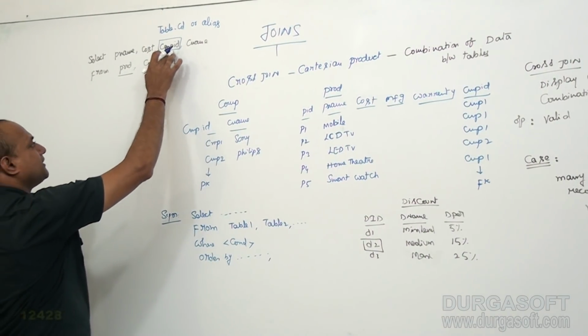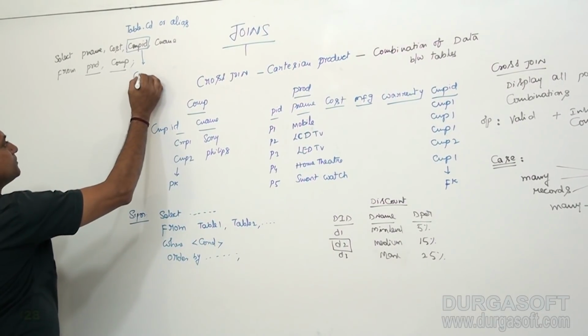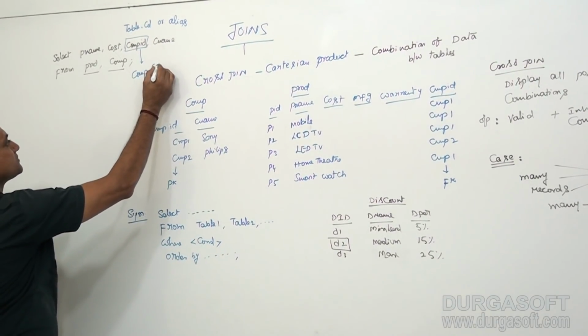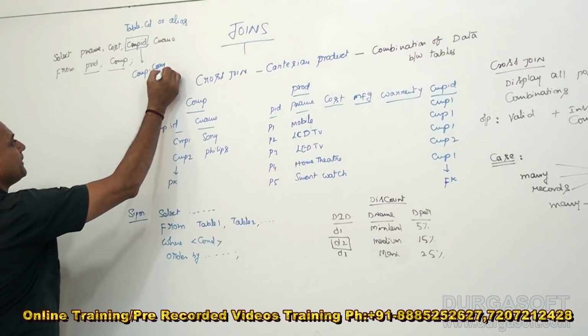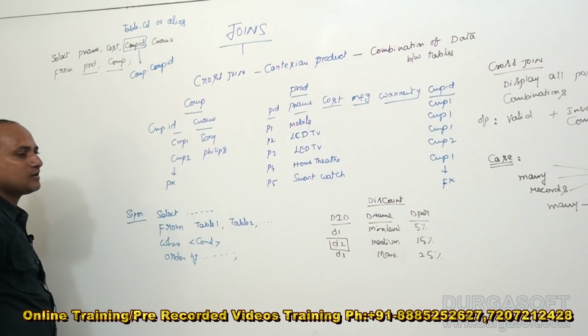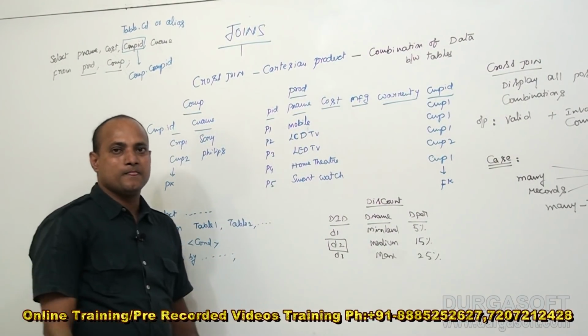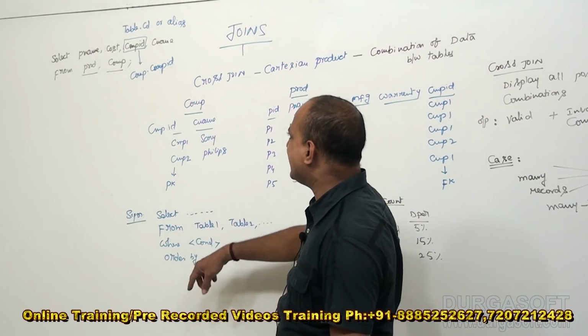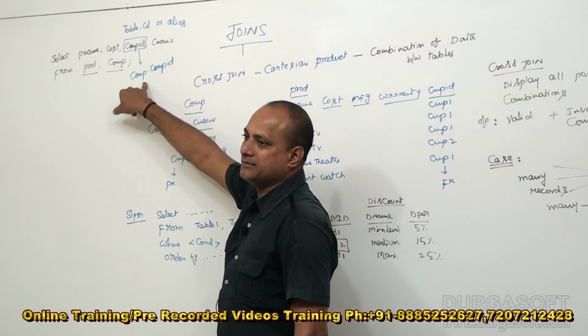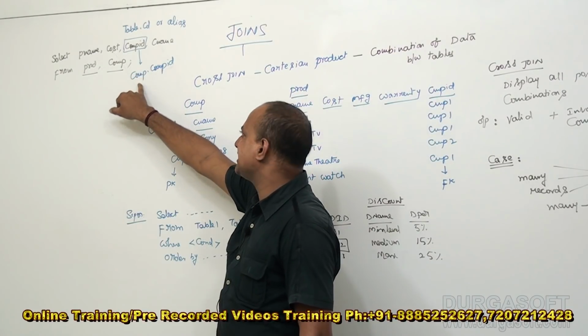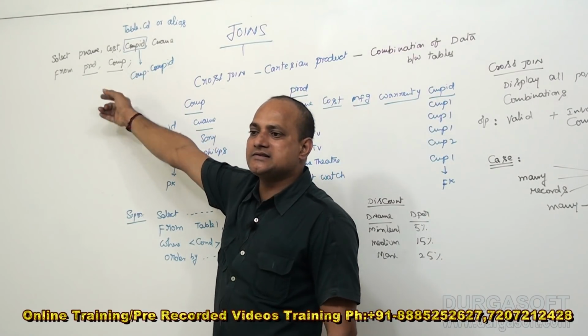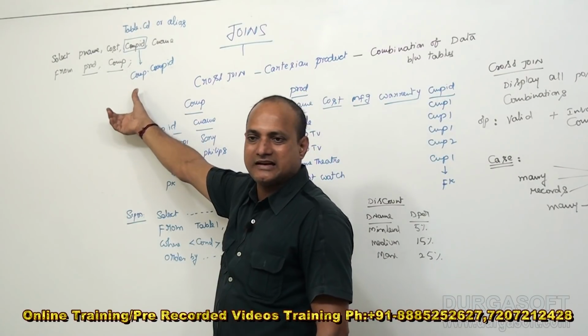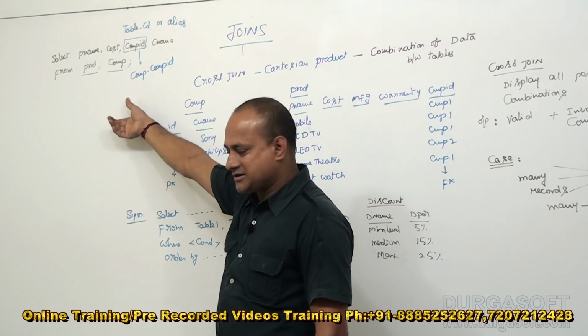I want to take the value from the company table. So company dot CMP ID. Then it will take the value from the company table. There is no problem for the Oracle Engine to select the data.